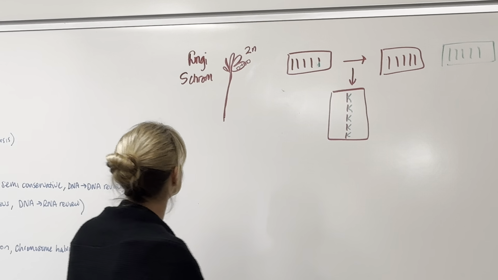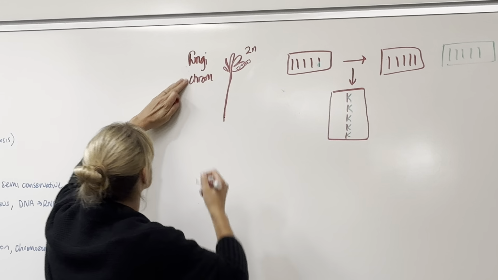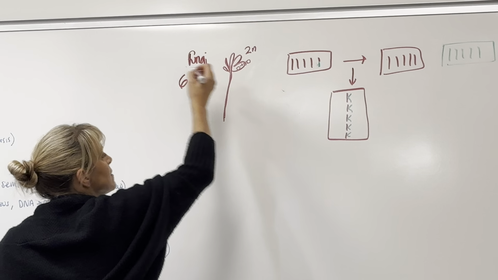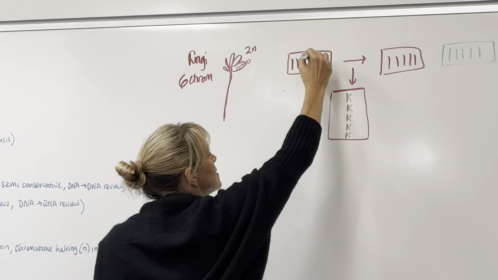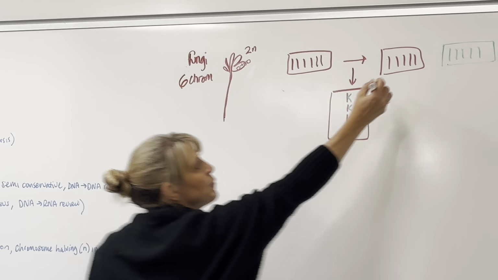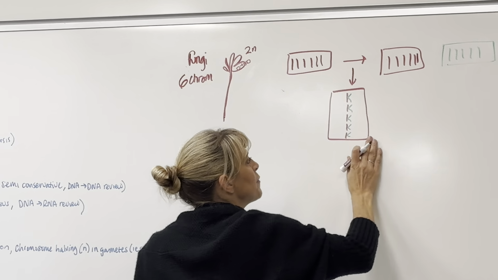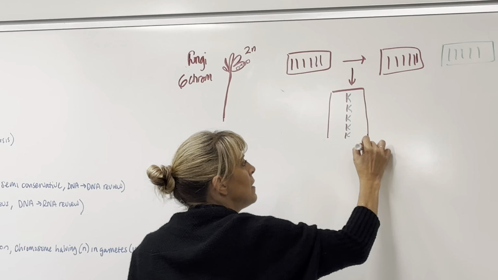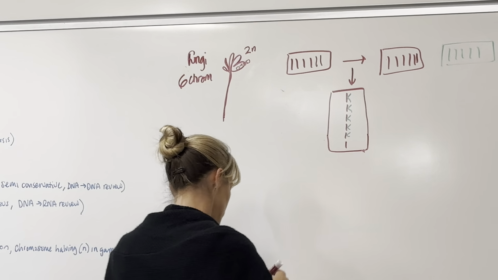Let's do 6. 6 chromosomes, because it's just confusing when it's 5, but if you think of it as 6, 1, 2, 3, 4, 5, 6, it would have half that number from its mother and half the number from its father. Okay. So it's just weird when it's an odd number.